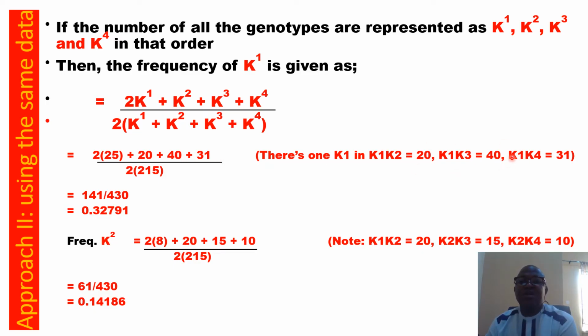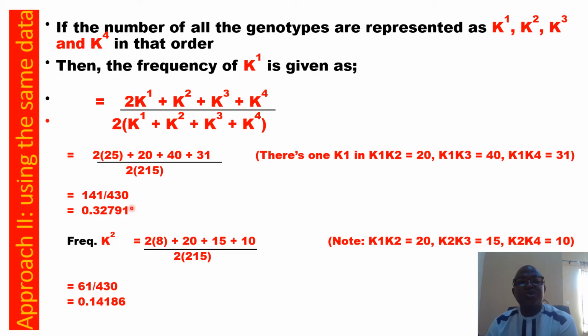And 1 K1 in K1, K4, which is where we got our 31. So if you do the calculation, you end up getting 0.32791. You also notice that this is the same value we obtained when we used the first methodology or approach.